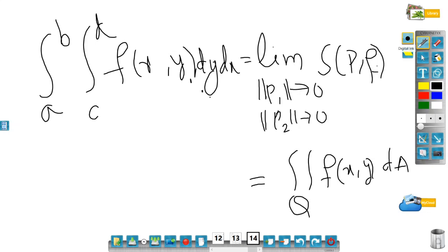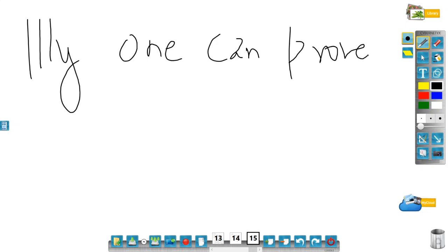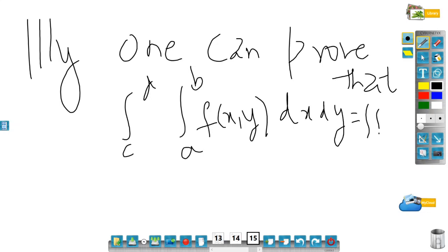On similar lines, one can prove that integration c to d, integration a to b, f of x comma y dx dy is the same as the double integral over Q of f.